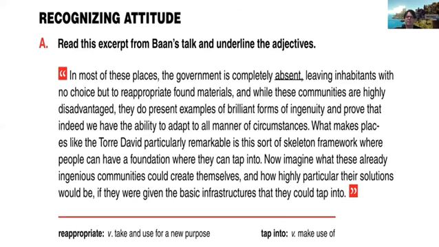The government is completely absent. That is the first one. To reappropriate found materials, materials that were found. Disadvantaged, highly disadvantaged. So the communities are brilliant. It's brilliant.